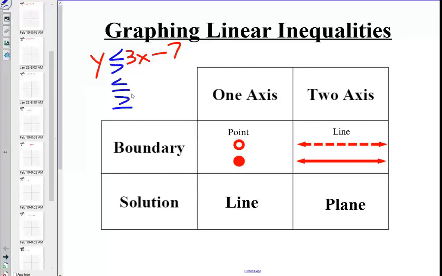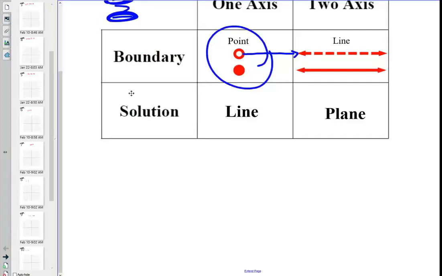Well, what used to tell me what type of point to put on one axis? The little or equal to sign underneath, right? If I had this little, the possibility of being equal to. Well, now what used to be an open point is going to become a broken line. The reason being, well, when I have two variables, I'm not graphing on a number line, I'm graphing on a plane.